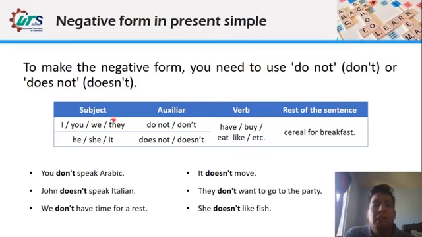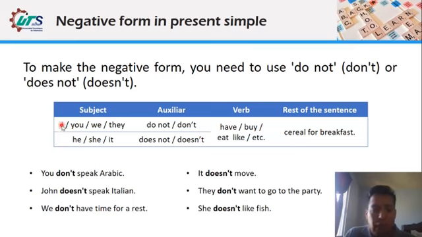The difference is that for the first and second person and the third person plural we use do not, and the third person singular is the only person that uses does not or doesn't. The other cases use do not.